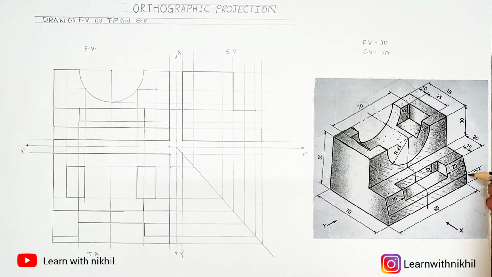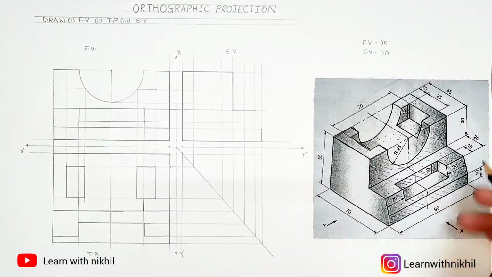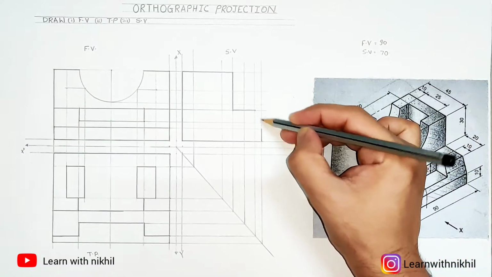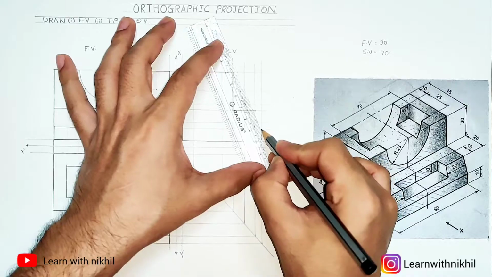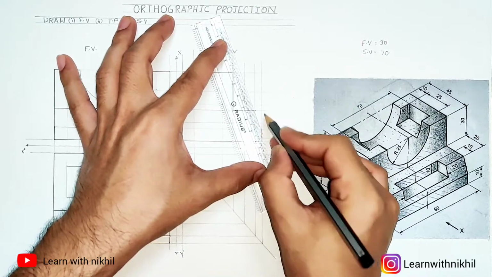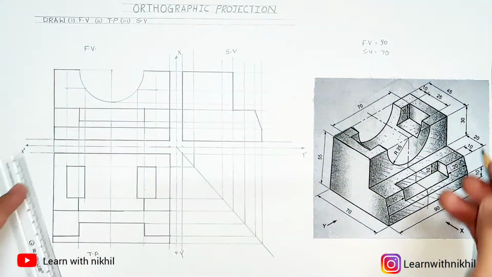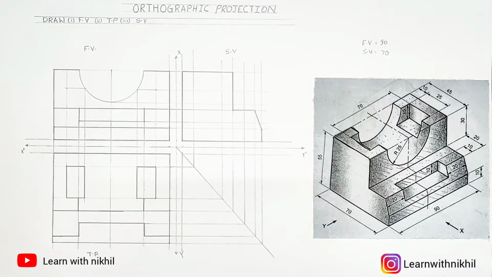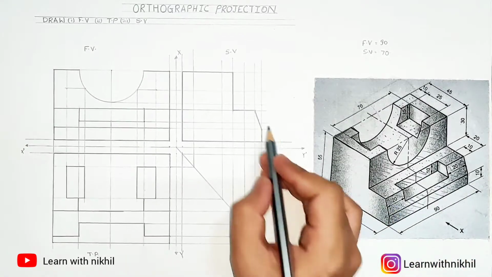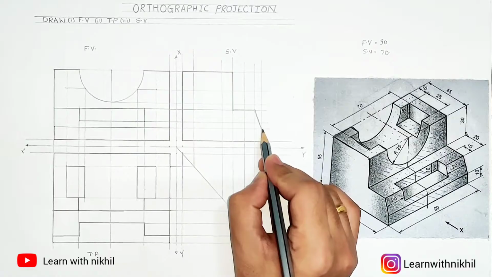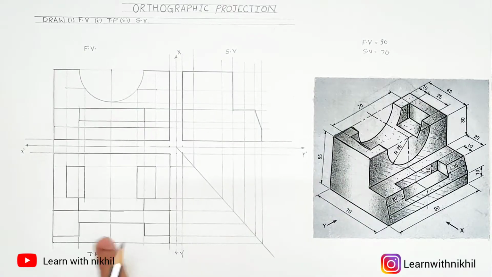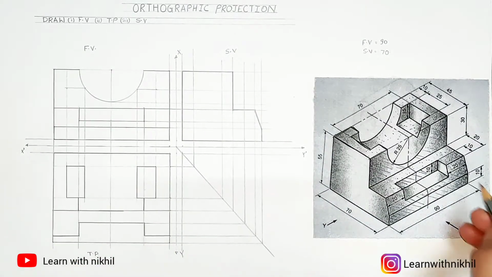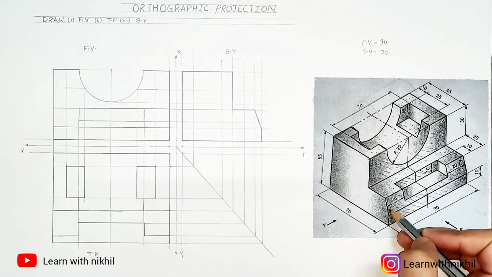Now as we have done, this slant line will automatically be generated if we join these 2 points. So after joining these 2 points, we will get the slant line which we were seeing from the first. After drawing the slant line, we can get the other hidden parts.